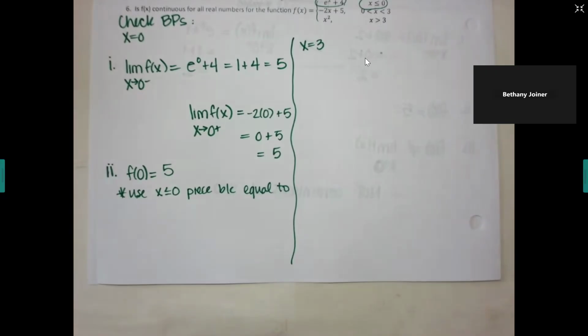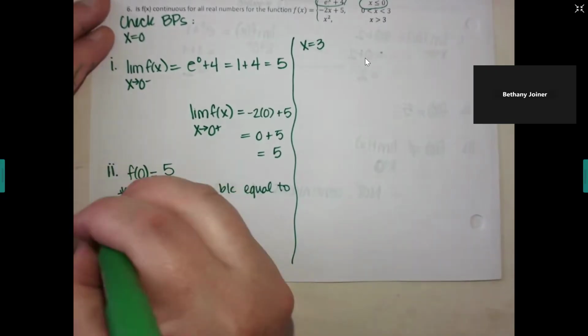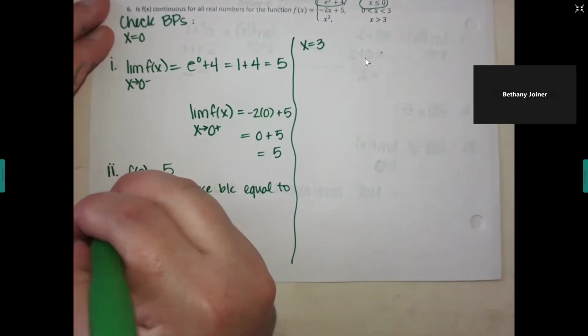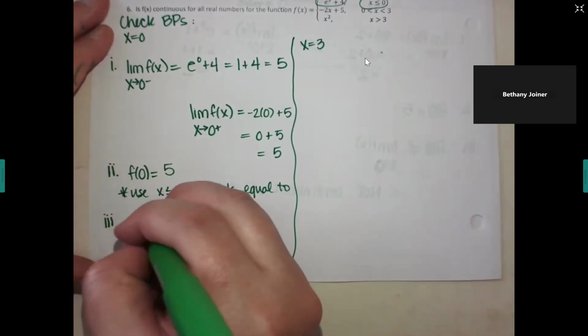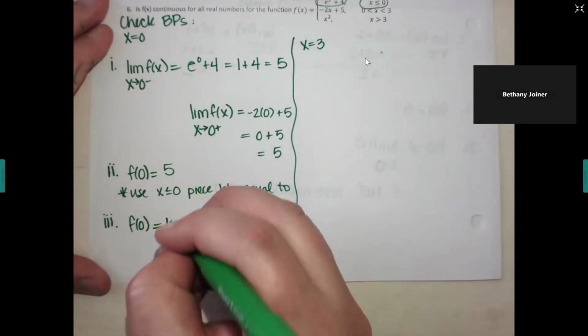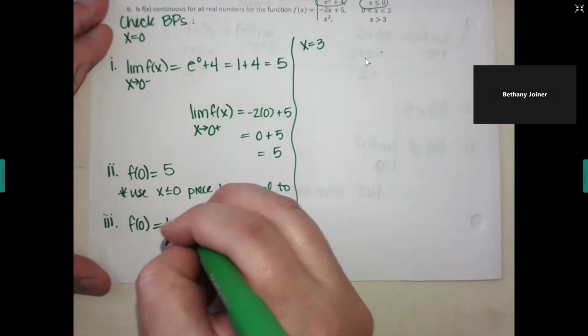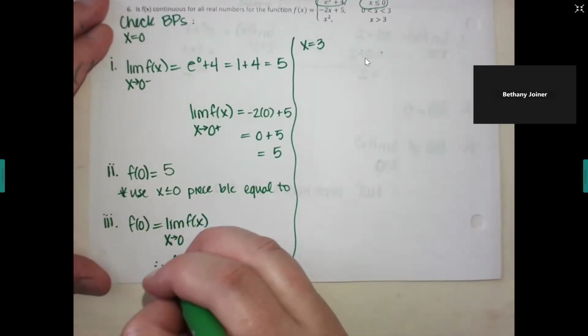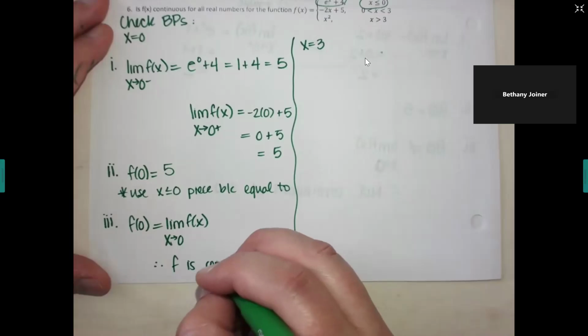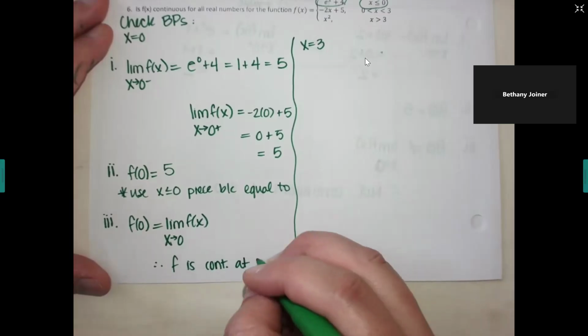All right, then my third step would be that those steps 1 and 2 had to match. They do, so we're literally just going to state that. So my y value at 0 does equal my limit as x approaches 0. Therefore, f is continuous at 0.